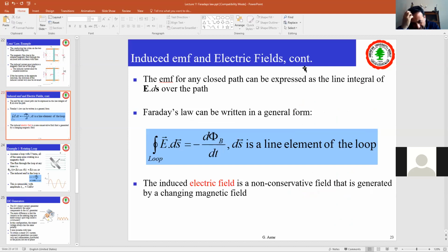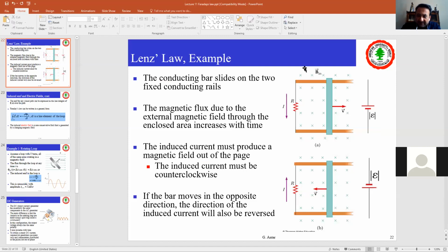I don't know if it's easy for you guys, but I think I repeated it three times. In the other case, when the bar was moving to the left, my magnetic flux is decreasing. Lenz's law tends to oppose the change, so the induced magnetic field is into the page, and my current is now clockwise.